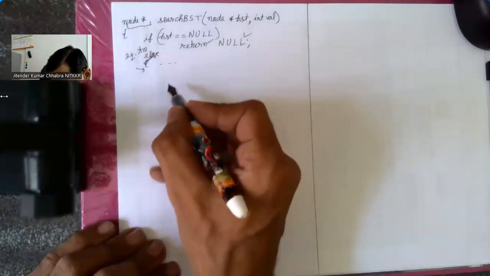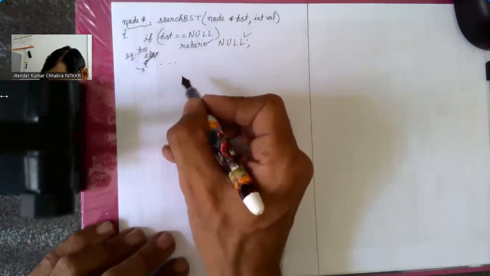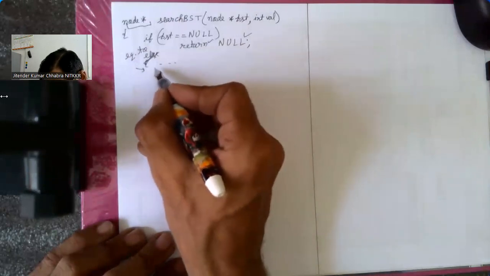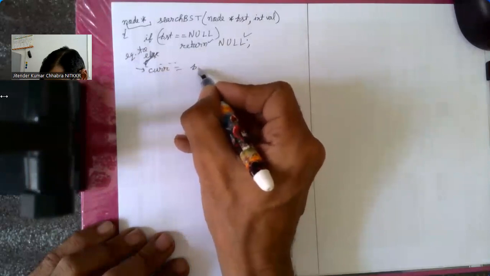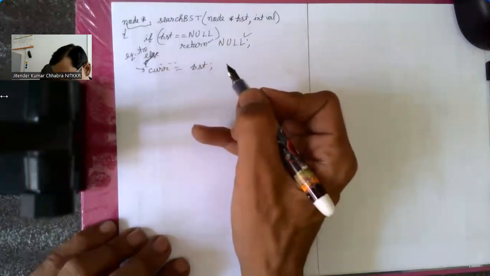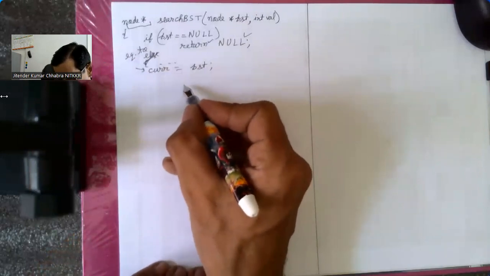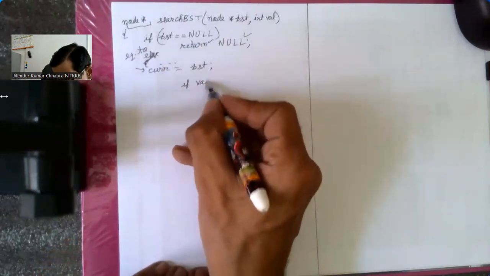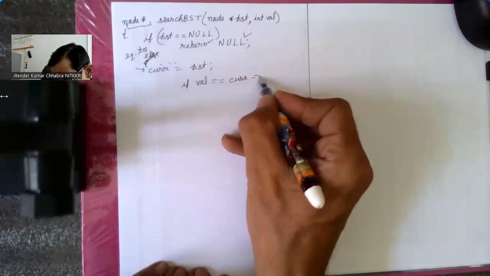Now what? Effectively, every time I have to first compare with the root data. So I will take some current node so that I don't change my BST pointer anywhere. BST remains at the root and I take my current node, current equal to BST. First thing, if my val is equal to current node's data, what can you tell?